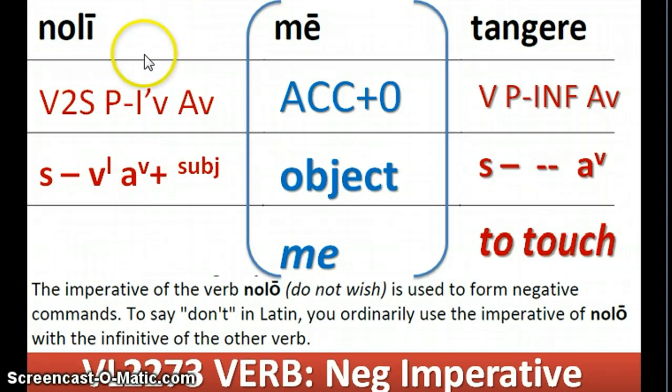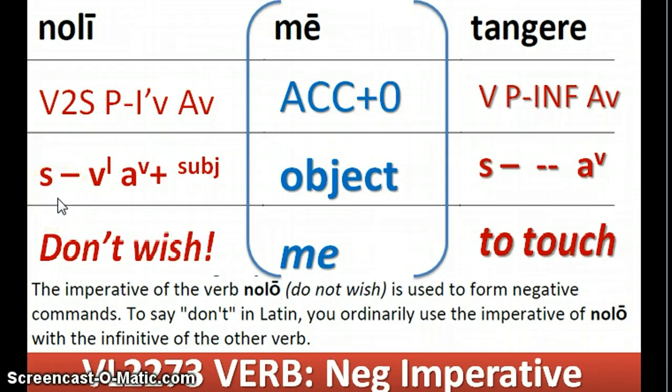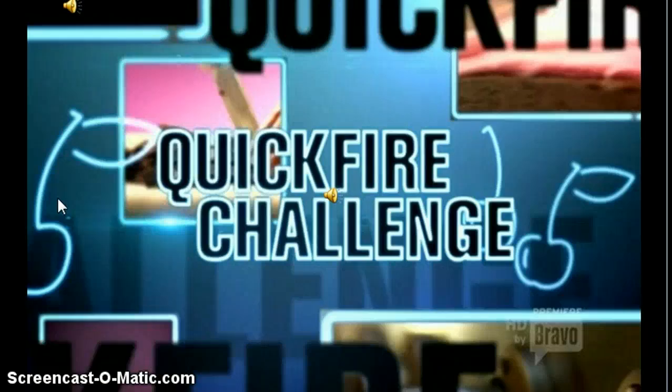So an imperative and an infinitive. Do not to touch me. Negative imperatives on the National Latin Exam are always noli or nolite plus the infinitive. An easy construction, and we have lots of practice questions, but be aware.